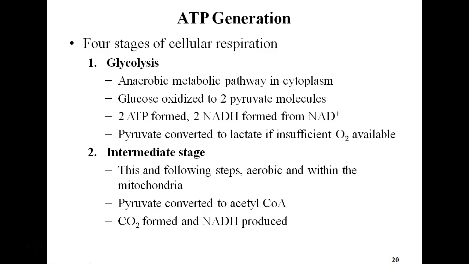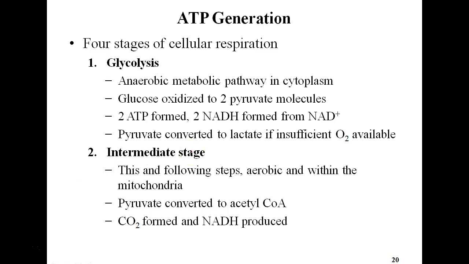So let's start out with the process of glycolysis. Glycolysis does not require oxygen, and that's why we call it an anaerobic reaction. What we have is glucose gets broken down in this pathway into two pyruvate molecules with an accompanying energy transfer to form a net production, in other words, a total amount of 2 ATP molecules, and we're also going to get 2 NADH molecules.